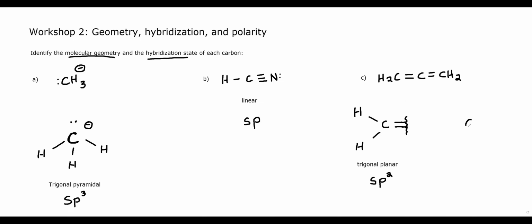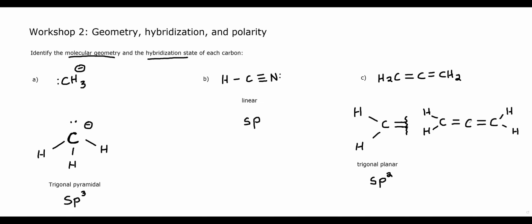Let's draw this here. We have a carbon double bonded to a carbon on both sides, okay? So just focusing on this central carbon here, well, I'll draw these hydrogens here just for clarity.